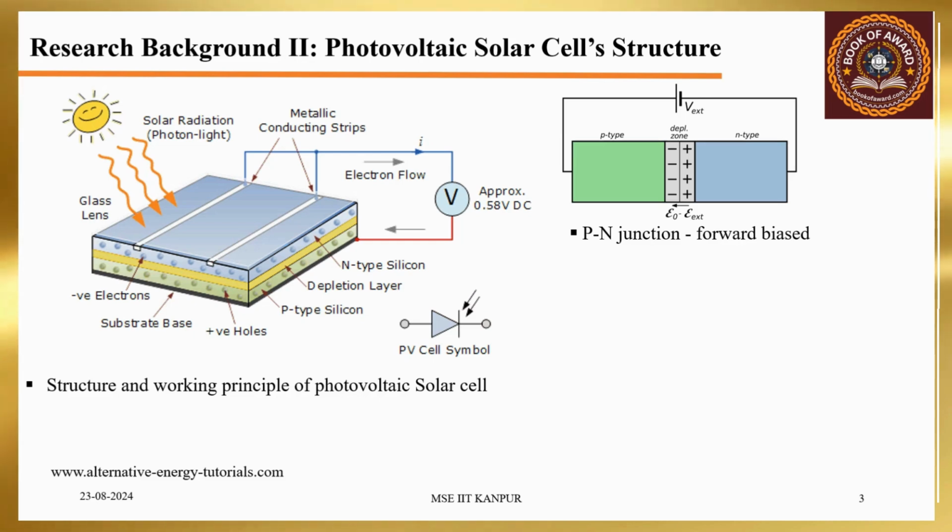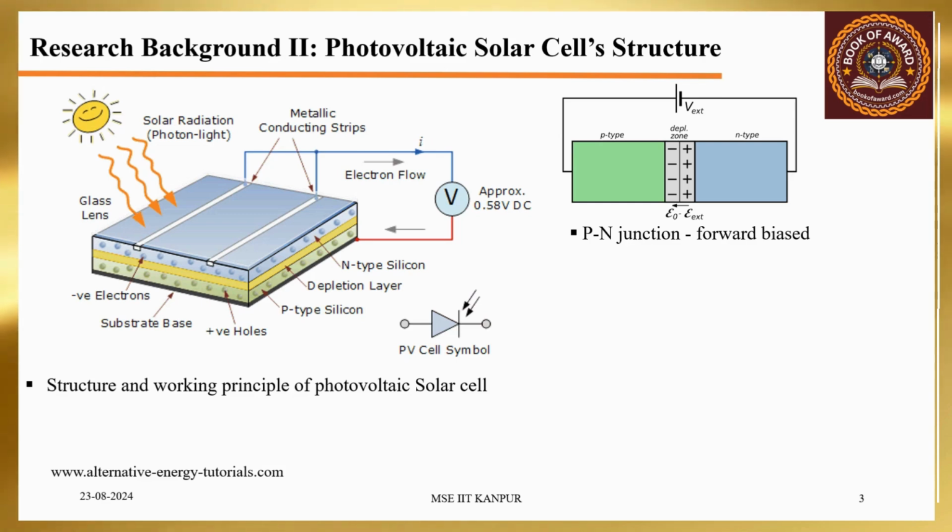When a large number of photons found in solar radiation are incident on the PN diode of a photovoltaic solar cell, these photons are absorbed by the PN diode and are converted into electrons and holes.